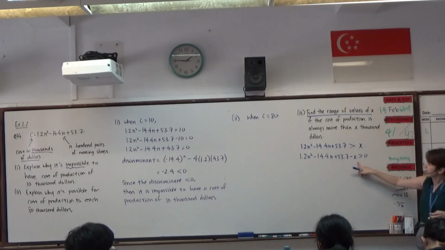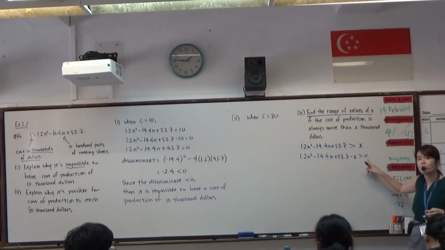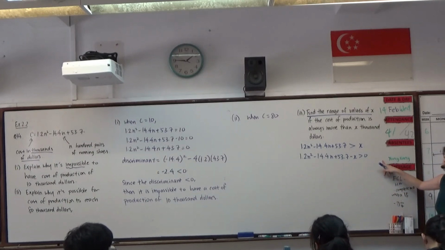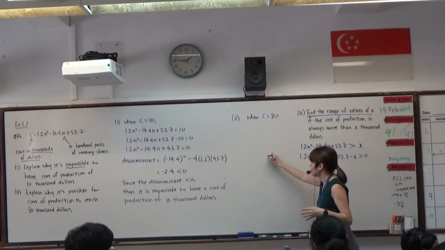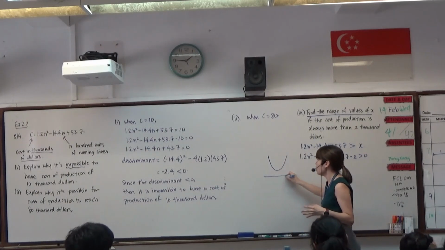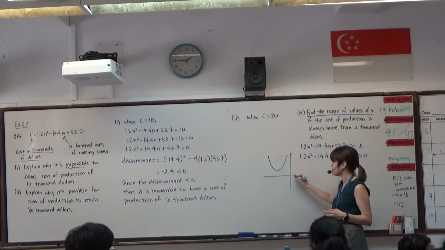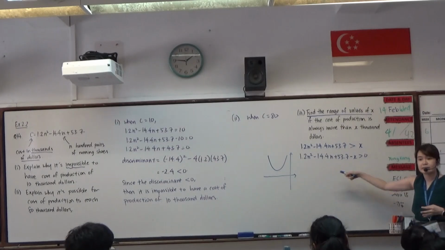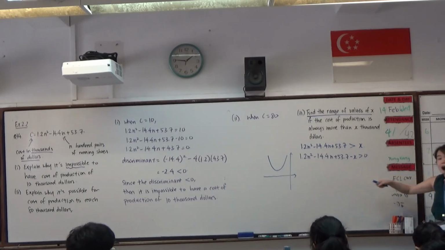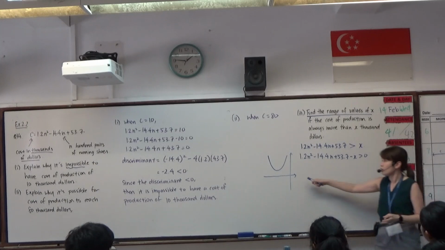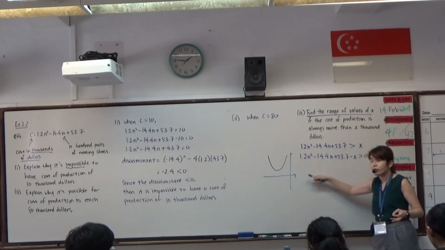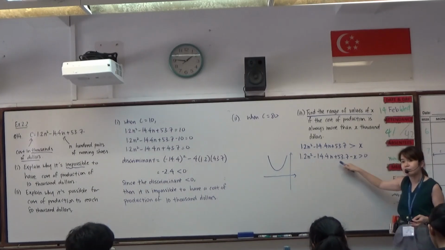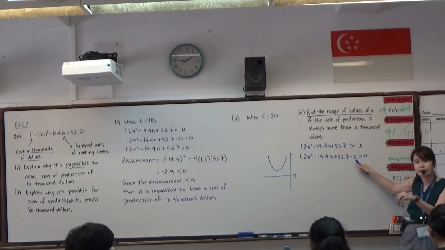Okay? So when we say that a quadratic expression is always more than 0, when does that actually happen? It is a situation where you have a U-shaped curve always above the x-axis. This is what it means, right? Which means that there are no intersection points with the horizontal axis. In this particular case, n is the variable, x is a constant.